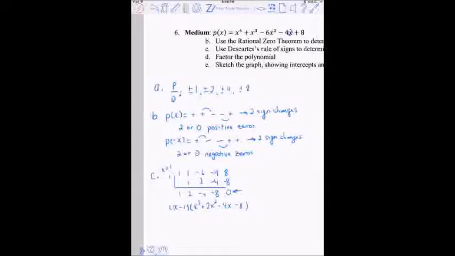So I'm going to go back to my P over Q list and just choose another one. I'm going to choose 2. And now I'm going to use the coefficients from that smaller polynomial, which are 1, 2, negative 4, negative 8, and then do synthetic division again.